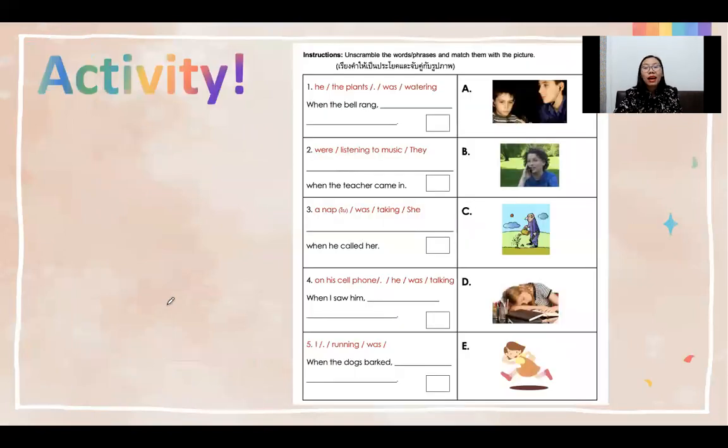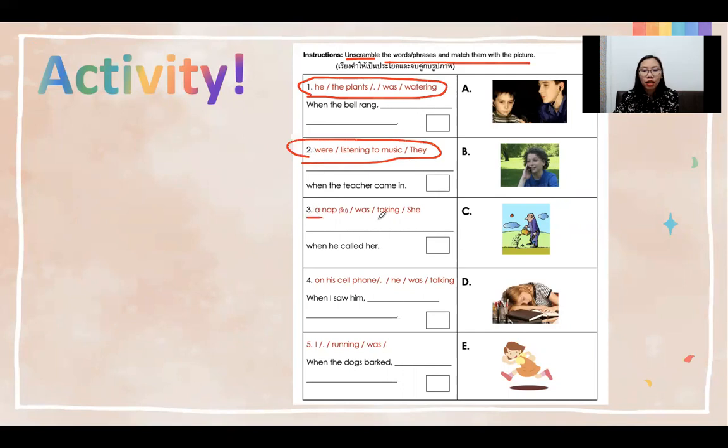All right, so here we have our activity. Now what you're going to do is unscramble the words and phrases and match them with the picture. So look at number 1. This is the scrambled words, and you need to unscramble. The red words are the scrambled words.